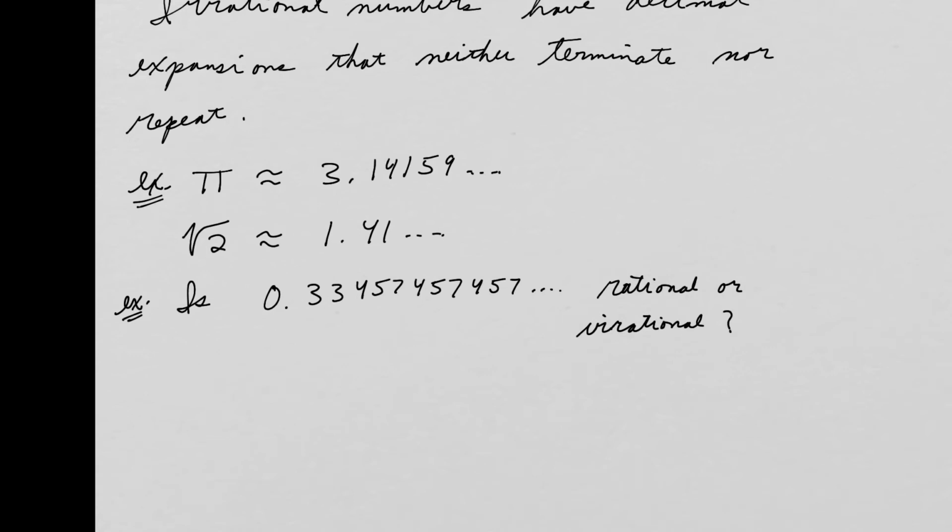I have 0.33, 457, 457, 457. The dot, dot, dot means 457 is going to keep repeating. So because it's repeating, this is a rational number. In fact, another way of writing this number is 0.33, and that part doesn't repeat, but then the 457 repeats, so I put a bar over the 457. So it's rational because it repeats.